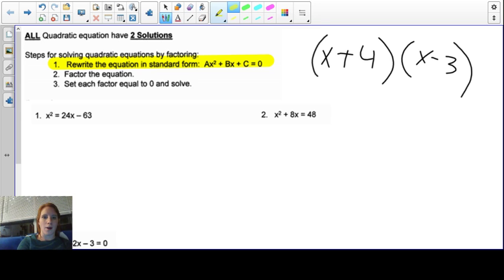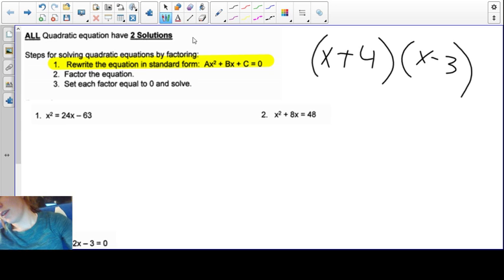We have to rewrite all of my equations so that they're equal to 0 first. You cannot factor if they're in equal signs. So equations mean we have equal signs, so if there's an equal sign, it has to be equal to 0 first.